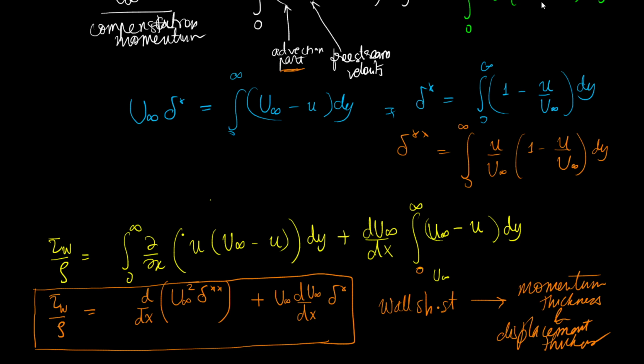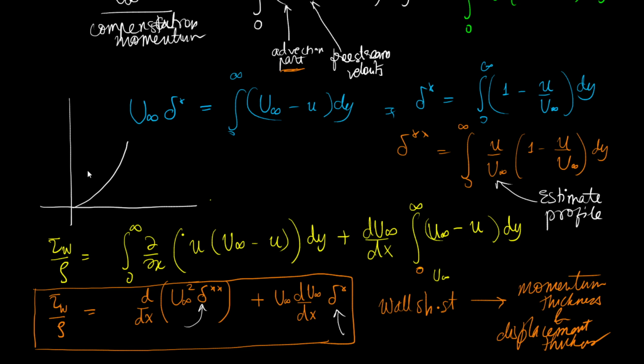But as you can imagine, in order to estimate delta double star and delta star, what you need is an estimate for this profile. Now we've drawn several times various profiles.